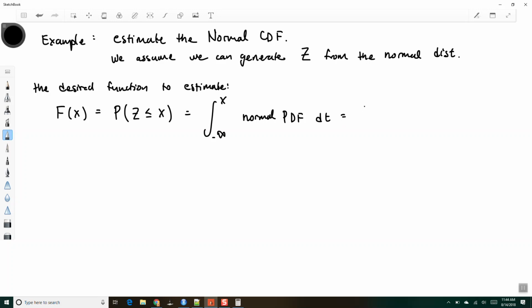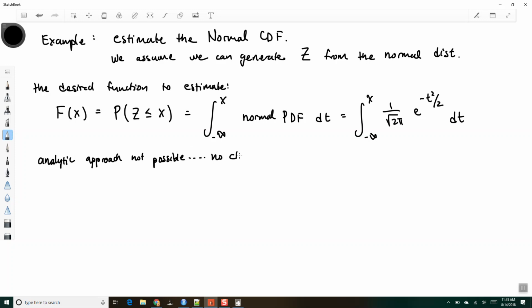Okay, which technically is the integral from negative infinity to x of 1 over root 2 pi e to the negative t squared over 2 dt. Okay, that's what we have. And an analytic approach is not possible. There's no closed form expression for the normal CDF.